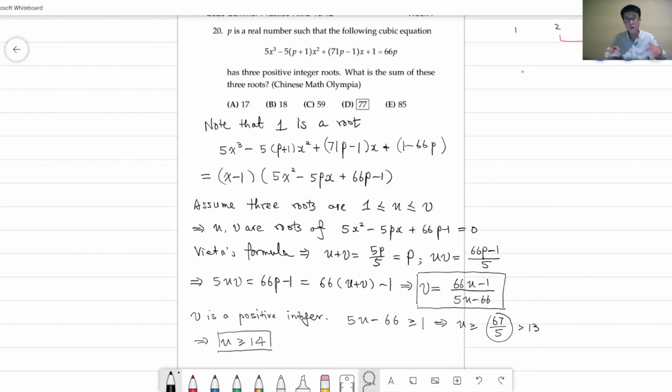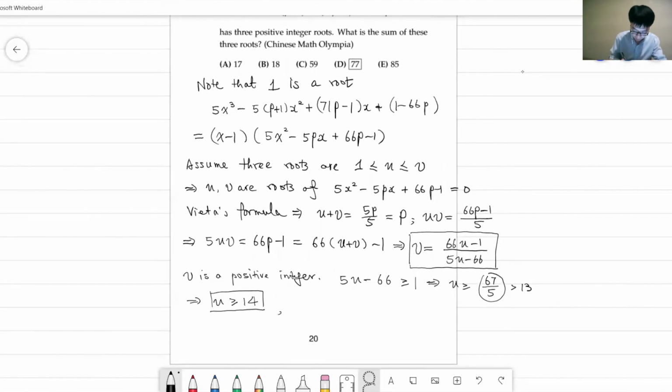And also we require v to be an integer. That means 5u minus 66 divides 66u minus 1. This is also important. So we notice that u cannot be a multiple of 2 or a multiple of 3. u cannot be divisible by 2, and u cannot be divisible by 3. Let me explain why.